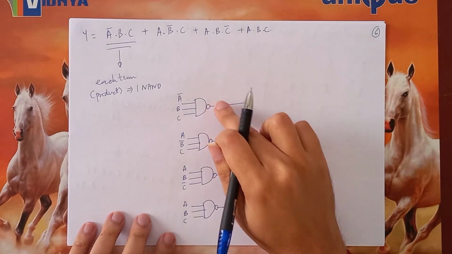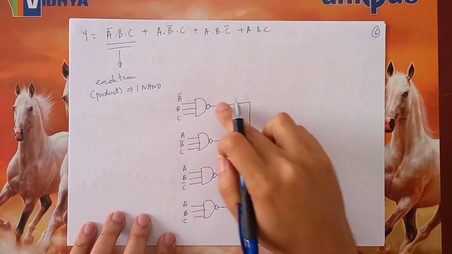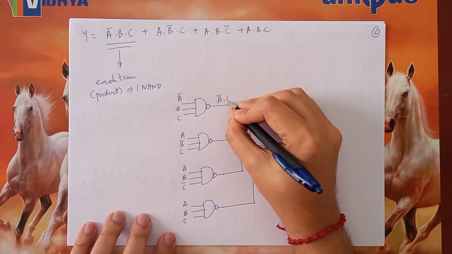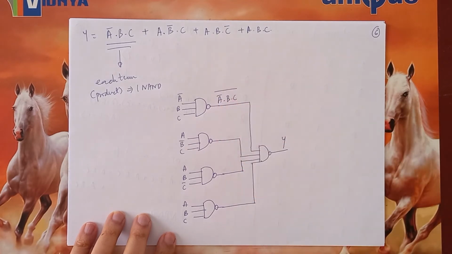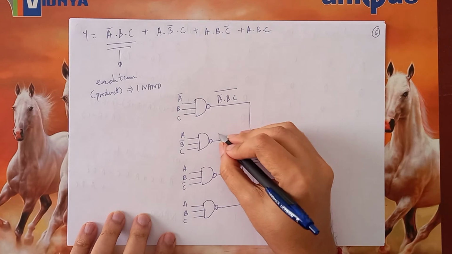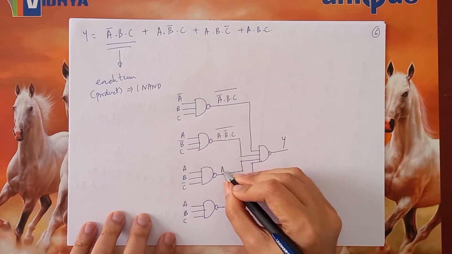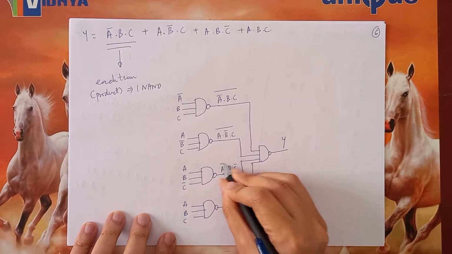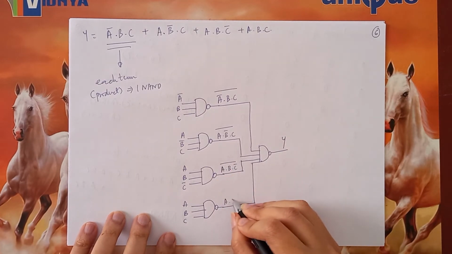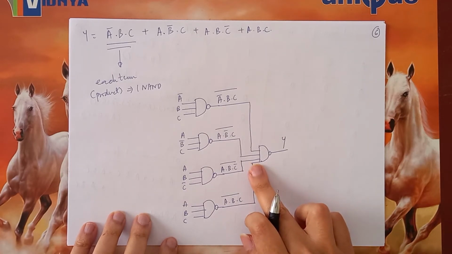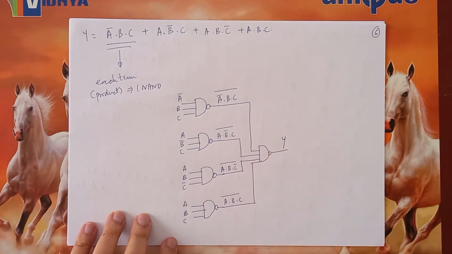Well, let's see. If I am combining A bar, B and C, what will be the output over here? It will be A bar dot B dot C, the whole bar. This will be A dot B bar dot C, the whole bar. This will be A dot B dot C bar, whole bar, and this will be A dot B dot C, whole bar. Now, all of these are combined as Y.